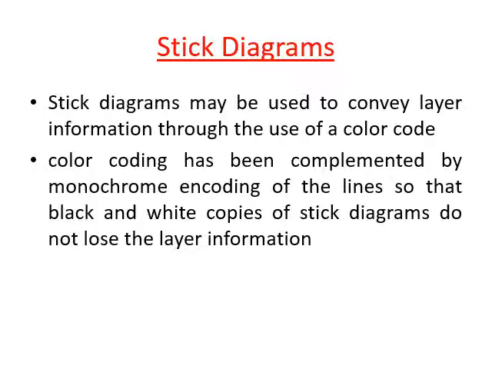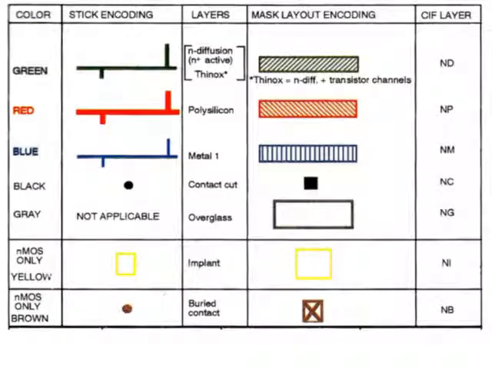Stick diagrams can be used to convey the layer information through the use of a color code, and instead of that, we can even use some monochrome encoding also. Okay.